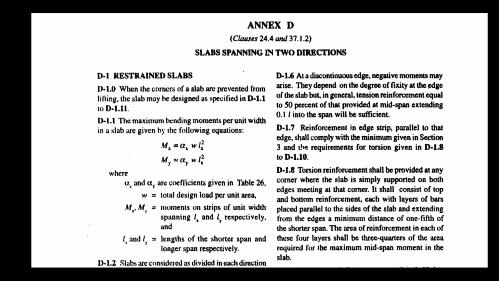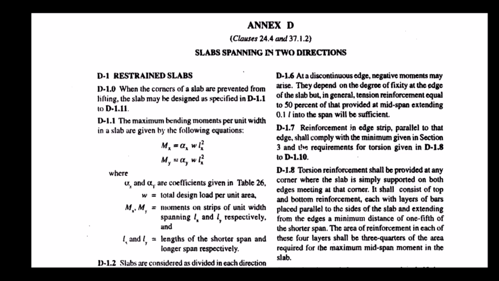We will just go through table number 26 after this. W is total design load per unit area. Mx and My are moments on strips of unit width spanning Lx and Ly respectively, and Lx and Ly are effective lengths of shorter span and longer span respectively.